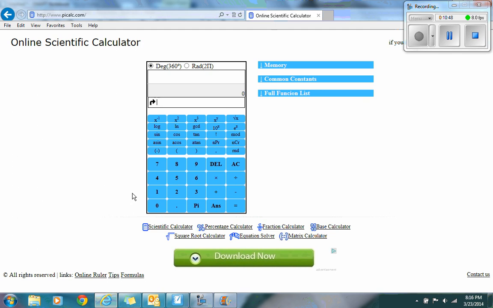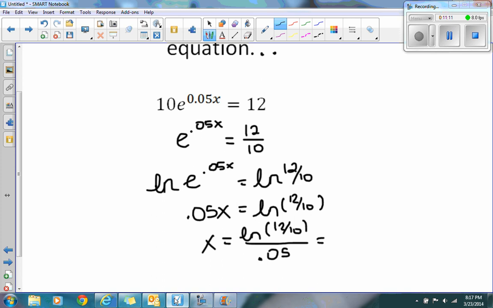So natural log of 12/10, I want to divide that by 0.05. We get 3.6464 and so on. So we will call that 3.46 for now.